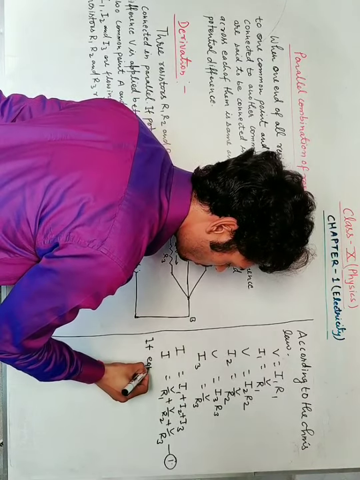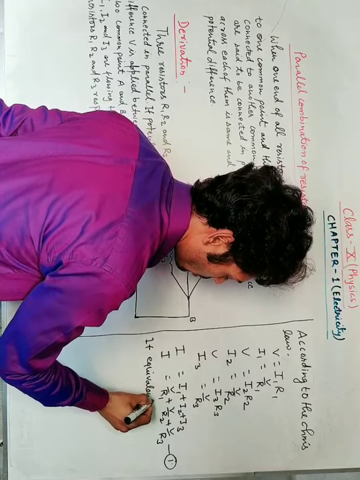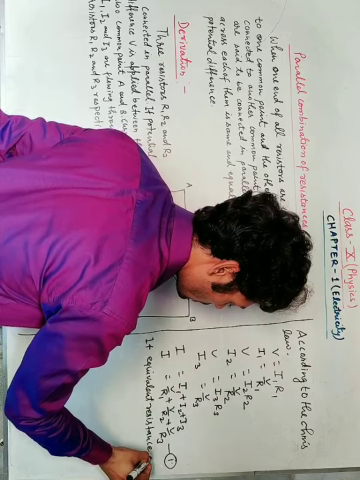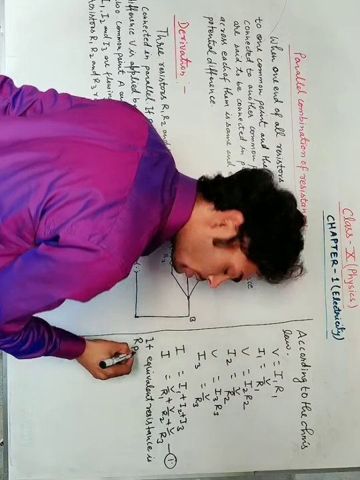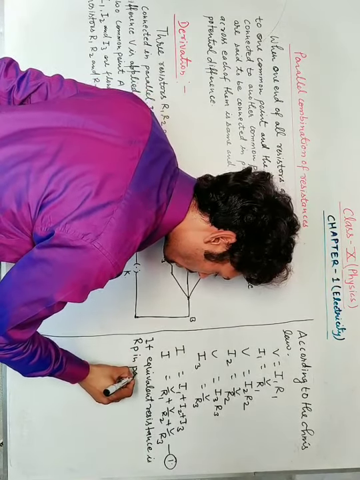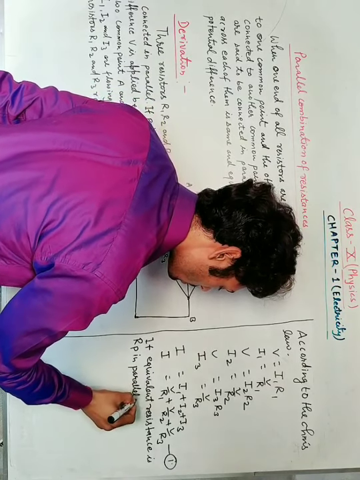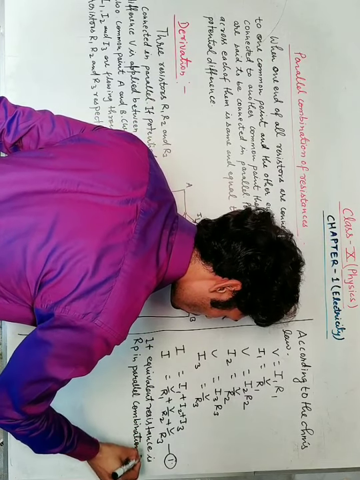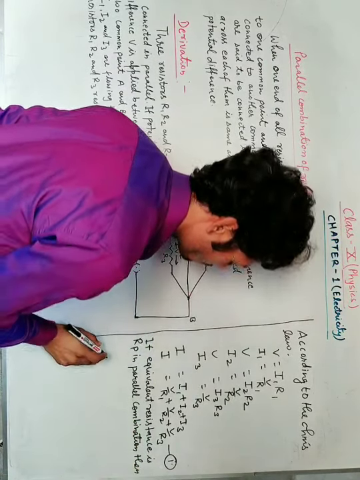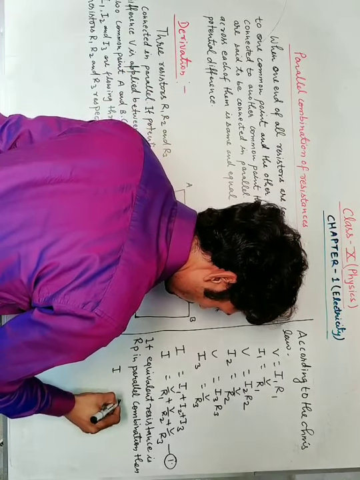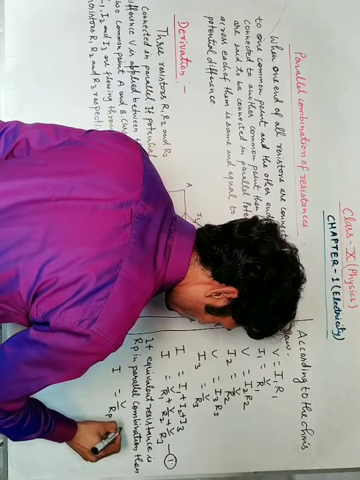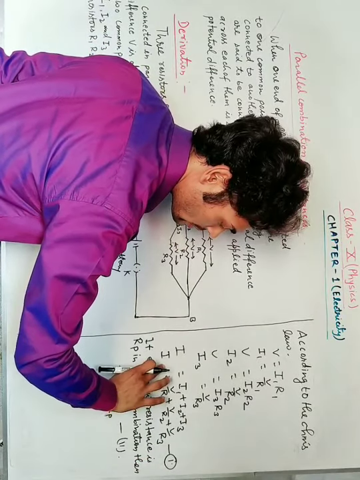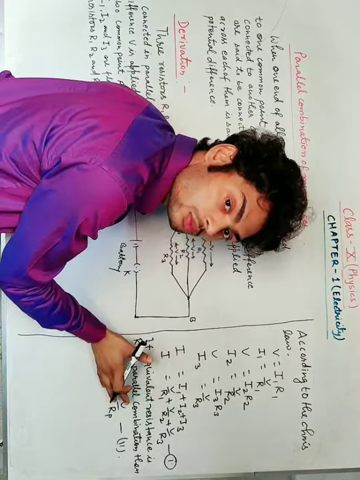If the equivalent resistance in the parallel combination of resistors is Rp, then I equals V by Rp. Suppose this is equation number 2. From equations 1 and 2, the left hand sides are the same, so the right hand sides will also be the same.